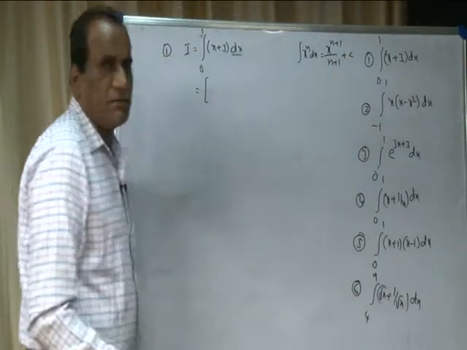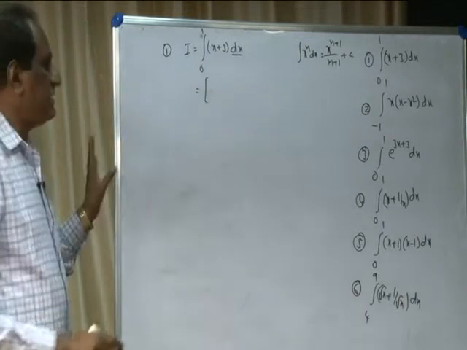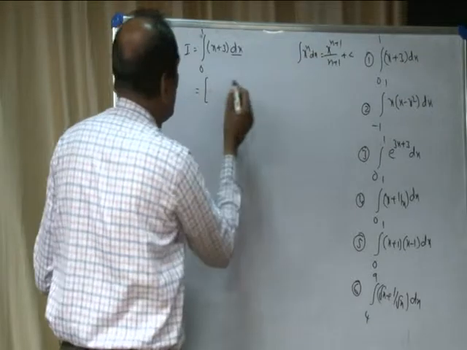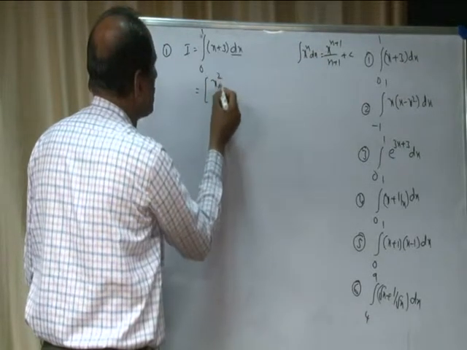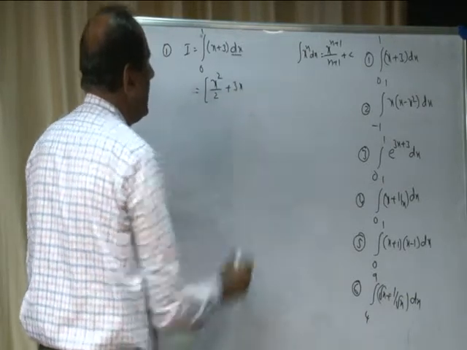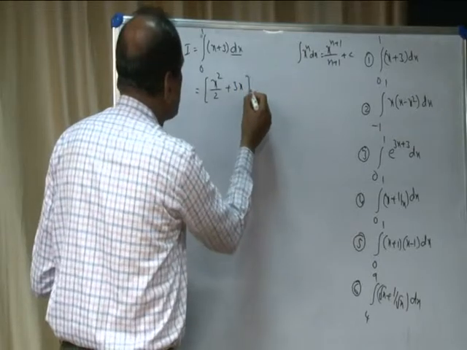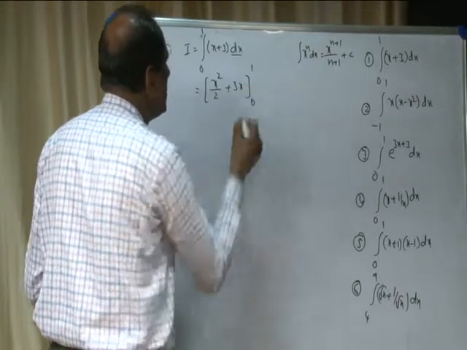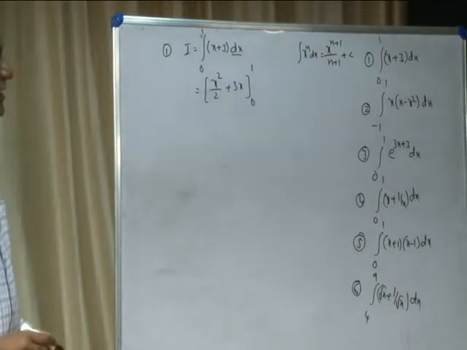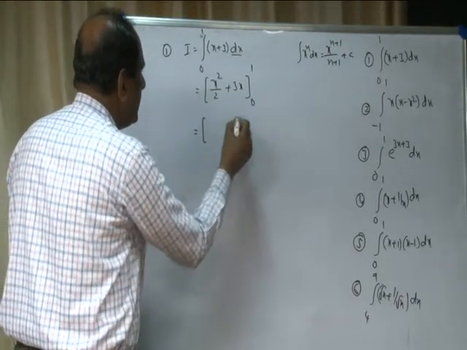This is the formula to integrate x. Here x means x power 1, so 1 plus 1 is 2, x power 2 by 2, plus 3 is a constant, its integral is 3x. So, x square by 2 plus 3x between the limits 0 and 1. Now, how to apply the upper limit? Write two brackets.